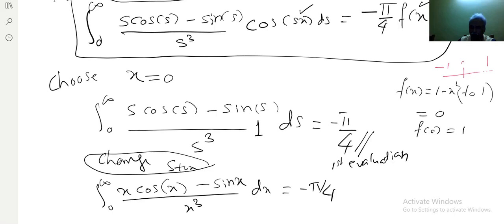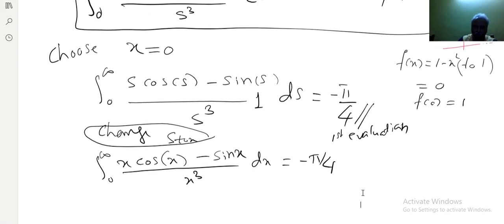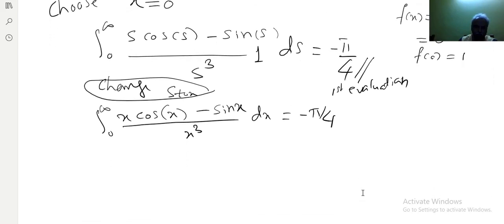So you have to put half here, f of half, 1 minus 1 by 2 square. So for the second one, you have to choose carefully x equal to half in this star.